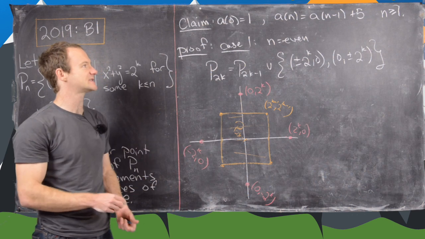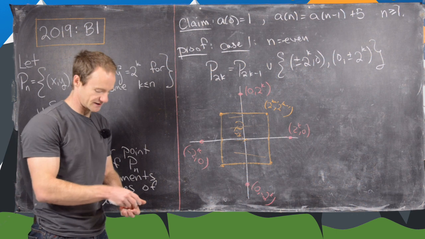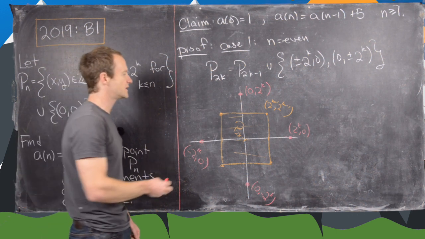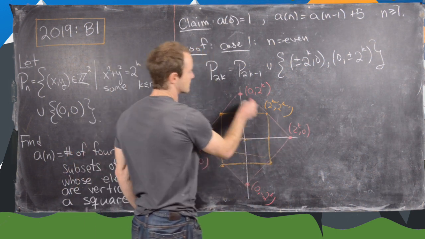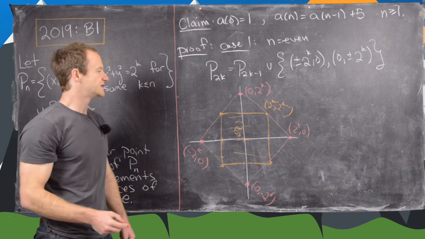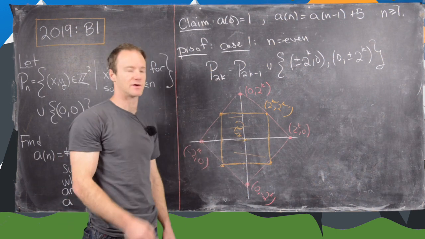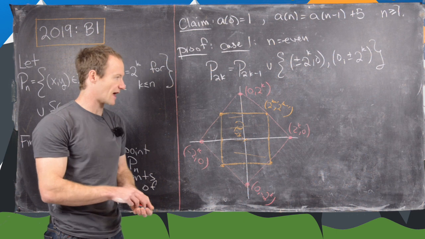Great, and we know inside there we have a certain number of squares, and what we need to do is count the new squares. So notice we obviously have one that uses our new 4 vertices. So what we want to do is find more that use one of the new vertices and then some of the old vertices. So let's do that.